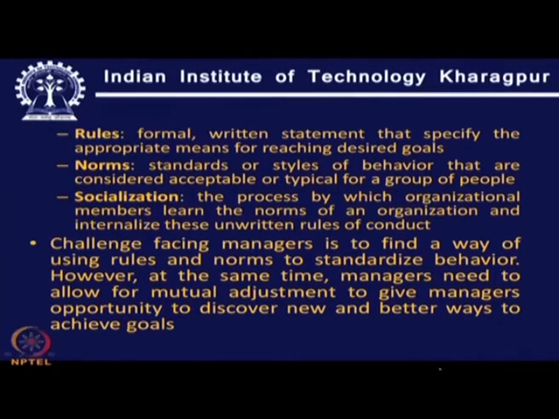Norms are standards or styles of behavior that are considered acceptable for a group of people, and socialization is the process by which organizational members learn the norms of an organization and internalize these unwritten rules of conduct.